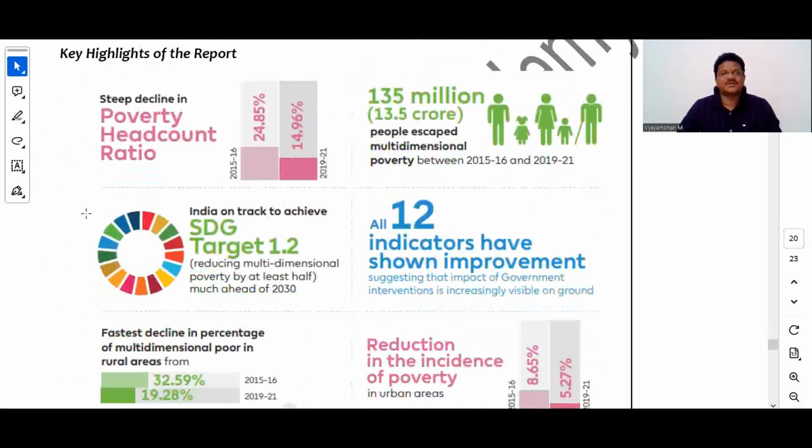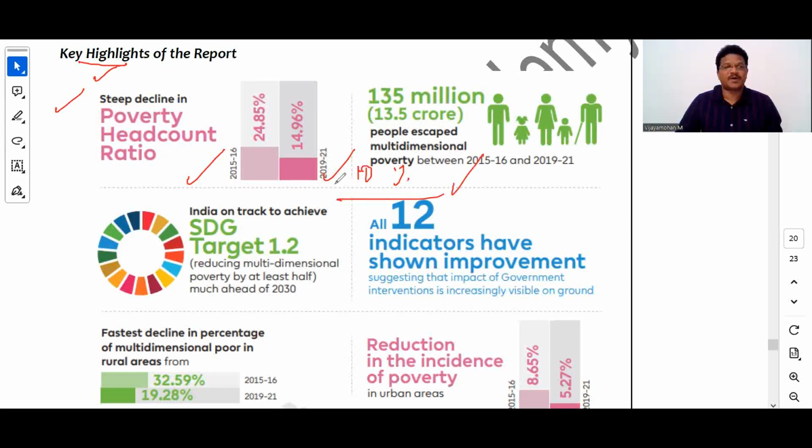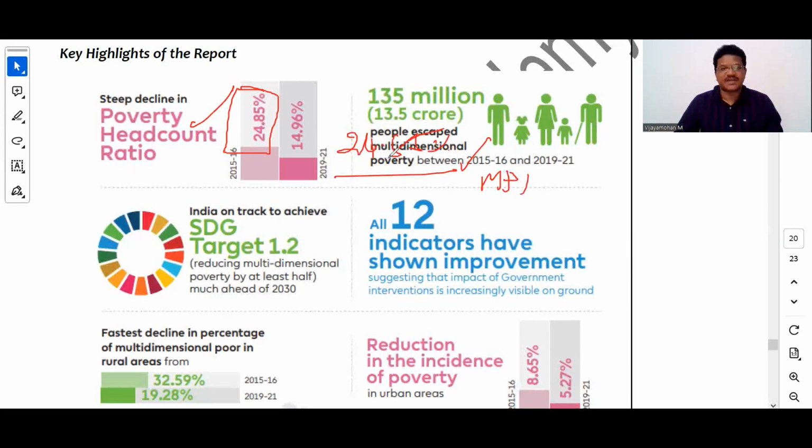So what are the key highlights of the present report? And these highlights are very, very important. First highlight is that there is a reduction in the poverty headcount ratio. For example, compared to 2015-16 data, 2019-21 data has witnessed a nearly 10% decrease in the poverty headcount ratio. In 2015-16, 24.85% of the total population were experiencing multidimensional poverty, whereas in 2019-21 it has been reduced to 14.96% of total population.